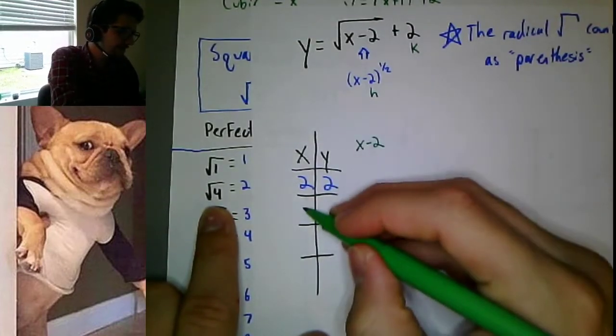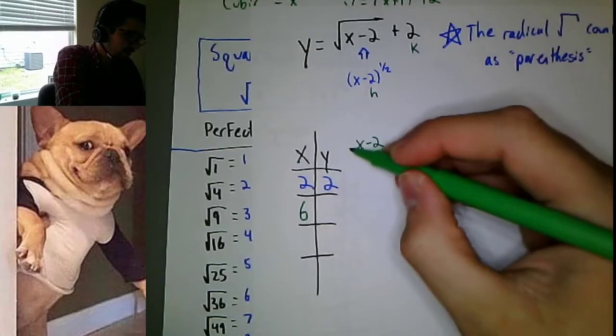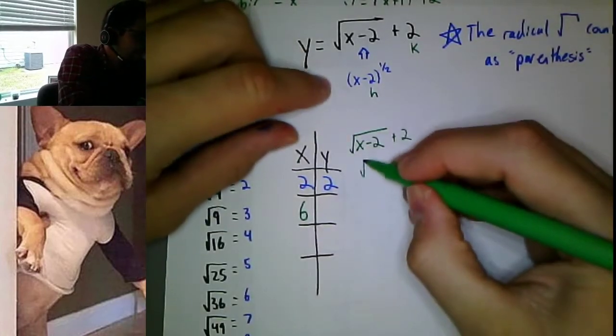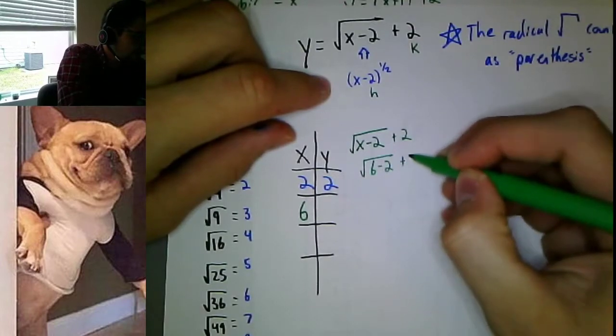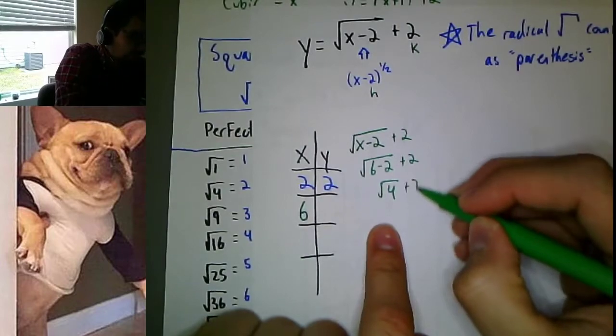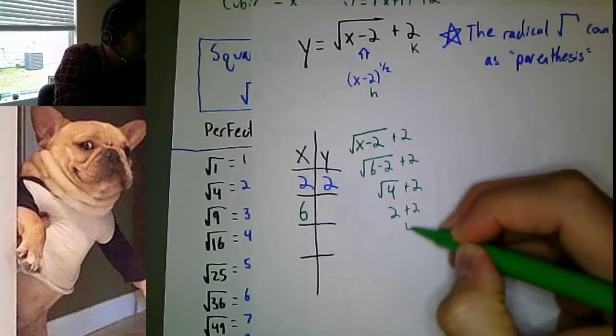So let's substitute in a 6. Because then if I have the square root of x minus 2 plus 2, I substitute in a 6, then what is 6 minus 2? Square root of 4. And what's the square root of 4? 2. 2 plus 2 is 4.